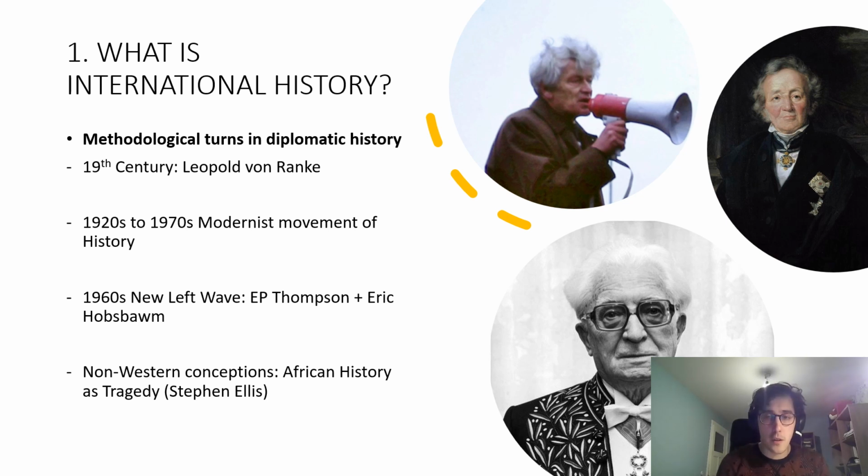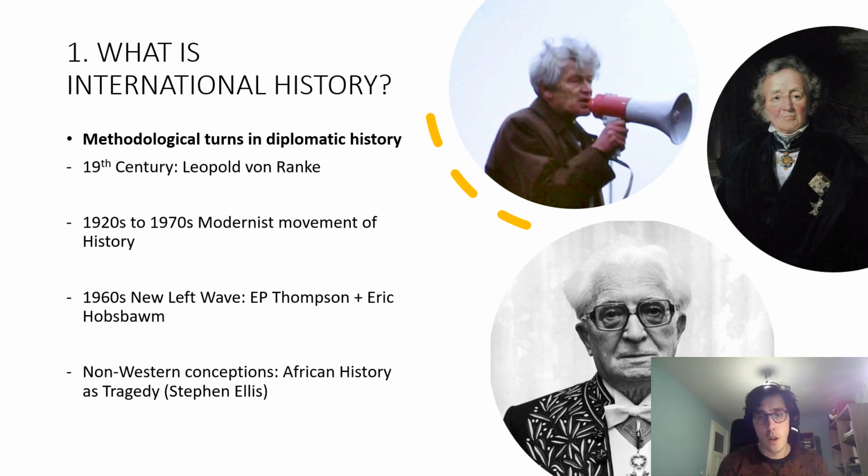A movement in history represented most principally by the Annales School and Marc Bloch and Fernand Braudel, of course, who want to absorb social science ideas, social history into the writing of history.